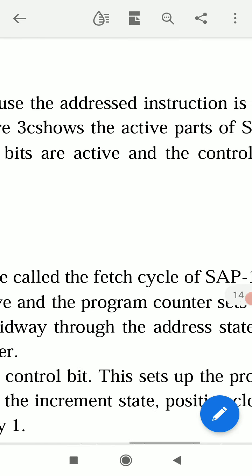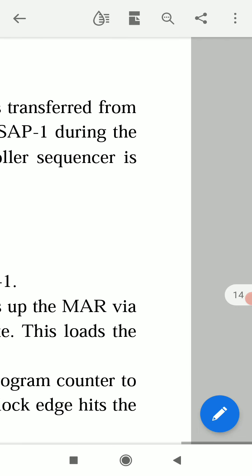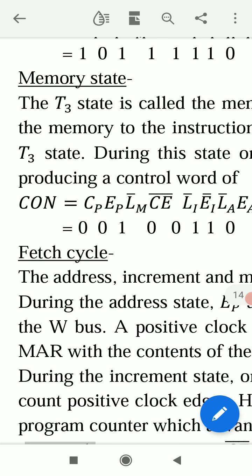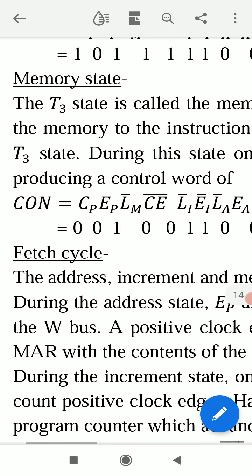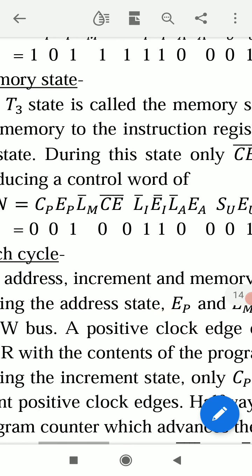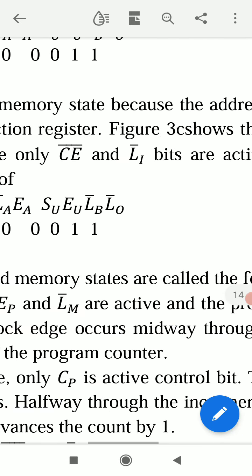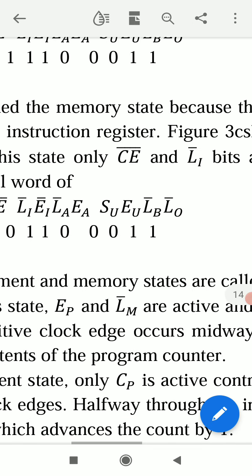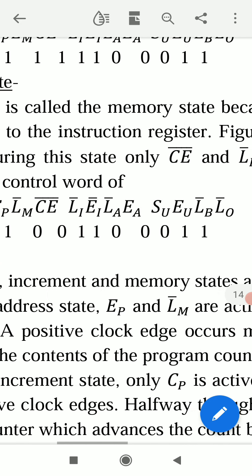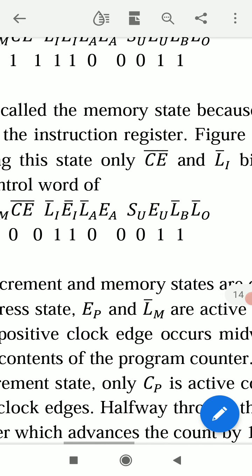Figure 3c shows the active parts of SAP1 during the T3 state. So in this T3 state, the addressed instruction is transferred from memory to the instruction register.